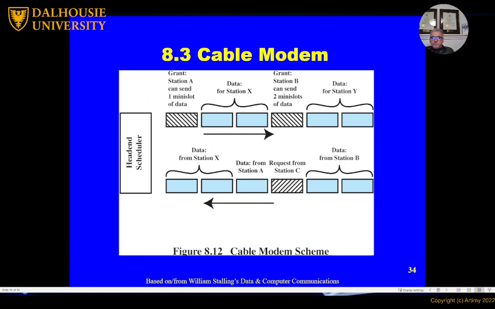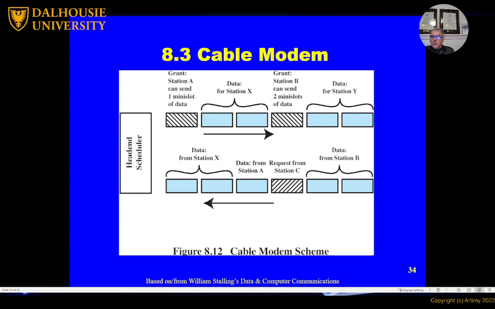That's an example of frequency division multiplexing, because originally each channel is allocated to a specific TV channel, and we use that also to send data.